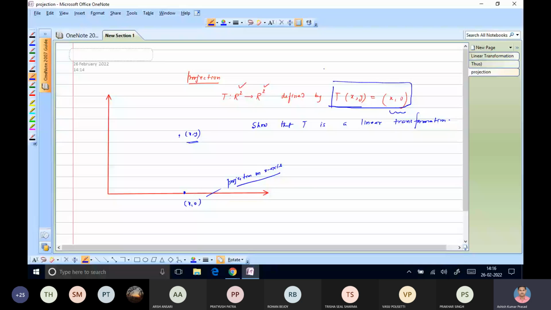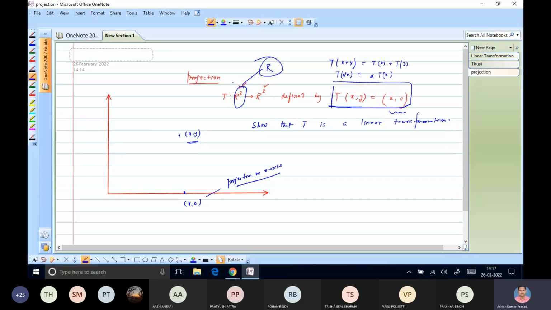First of all, T of x plus y should be equal to Tx plus Ty, and T of alpha x is equal to alpha times Tx, alpha being a member of the field. See, I am talking about R square. So what is my field? Field is R. You have to automatically understand that the field is R because R^n is a vector space over R.